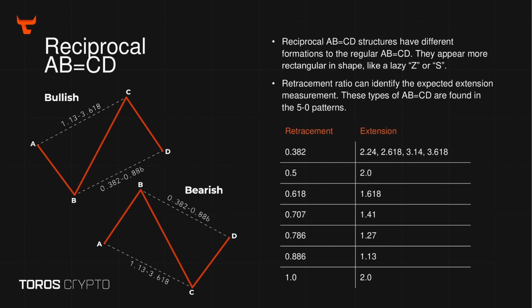The regular ABCD went to a 2.618. However, many of the ratios are the same. So, for example, the 0.5 goes to the 2.0, so that is much the same. And so that's the reciprocal ABCD.